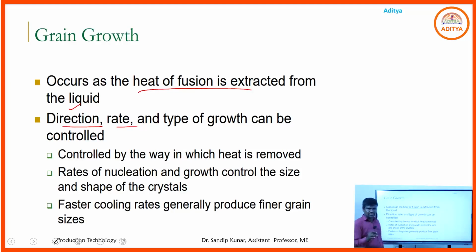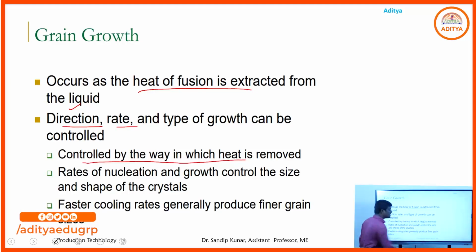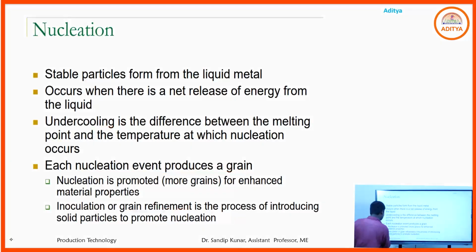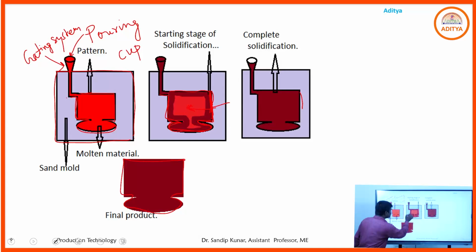Heat will be removed from the mold surface first, and due to heat extraction from the mold surface, the solidification starts from those points. It starts from that particular surface and comes towards the center, and finally it will produce that type of solidified product.